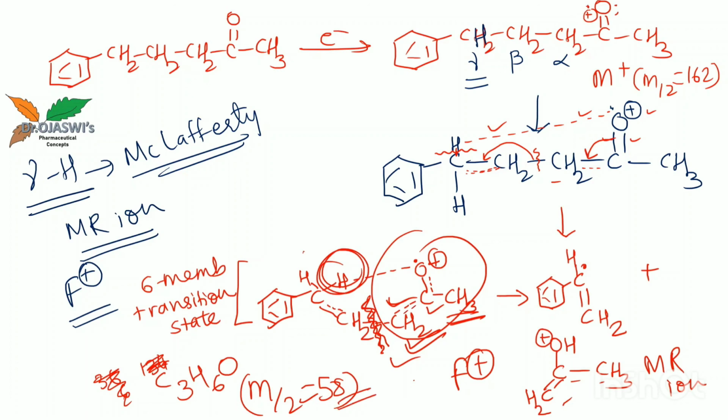I hope you have understood the fragmentation, both the pathways for this particular structure. There are multiple pathways available, many ways by which any particular structure can be broken down. I have just shown you two pathways here, so that we can expect peaks at these m/z values.